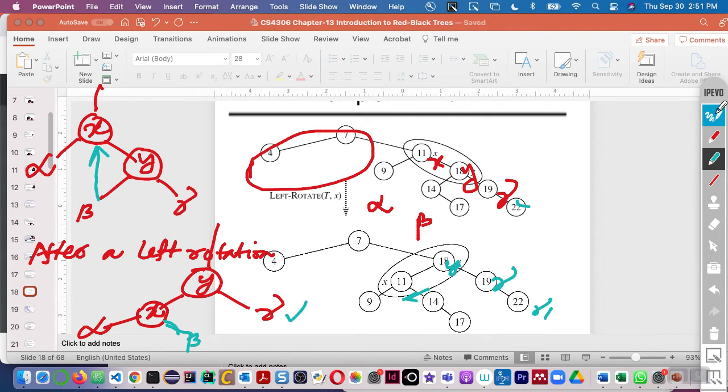Here, when x comes over here, x has a child 9, so this is alpha. And then this is beta. So x's right side will get beta, right? So this is beta.